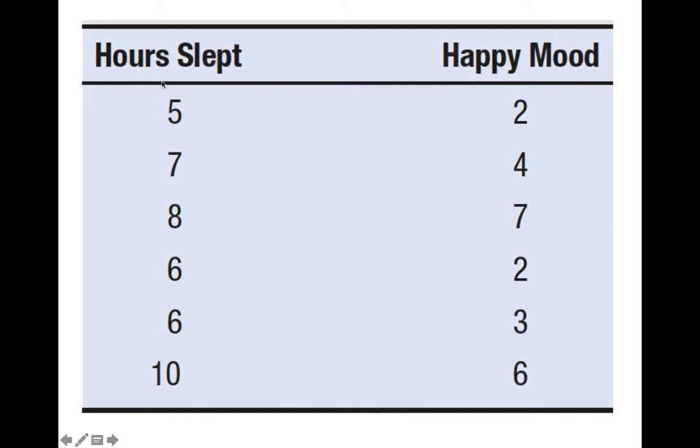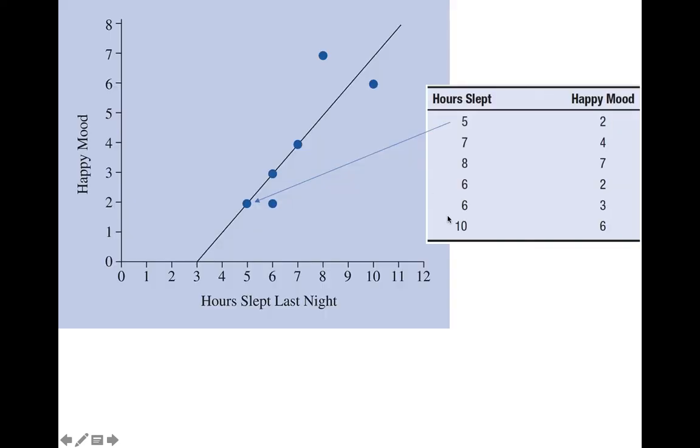So obviously hours slept is straightforward. Happy mood, we can just say that higher numbers mean a more happy mood. So how would we create a scatter plot of these data? Okay, so the first thing is that we're going to create our x and our y axes.